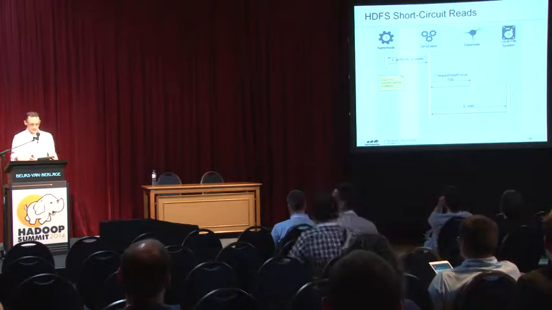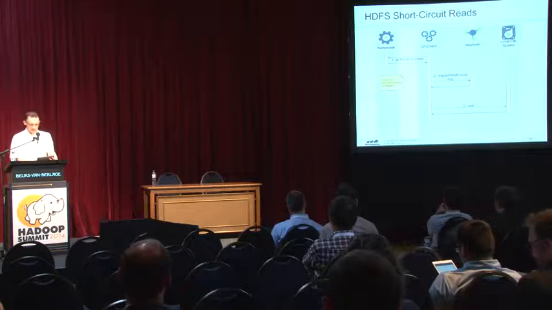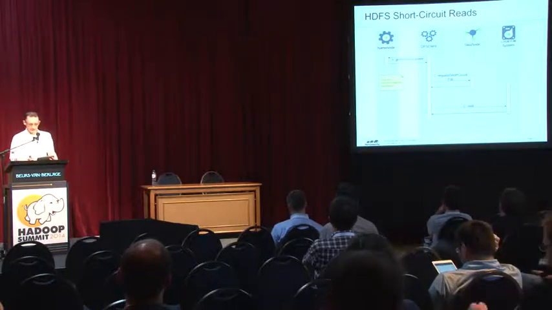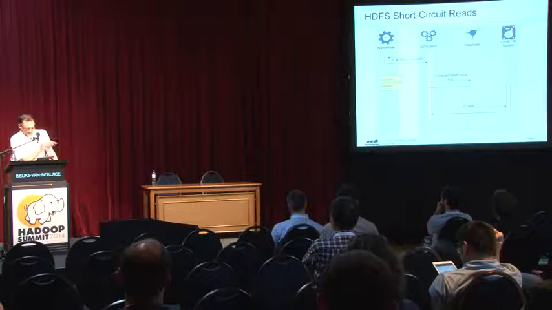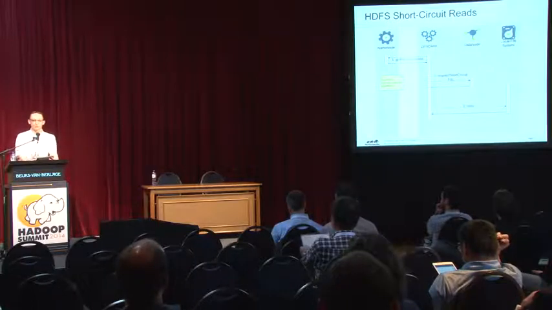During a short circuit read, the DFS client bypasses the step of transferring bytes through a TCP connection through the data node process. Instead, you'll see that step 2 here has been replaced with a different RPC call, request short circuit FDs, or request short circuit file descriptors.